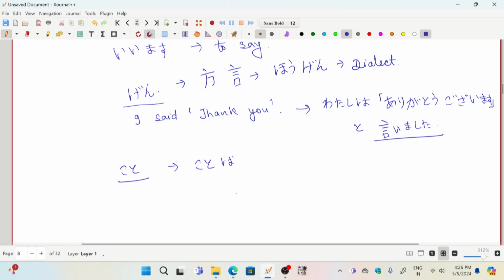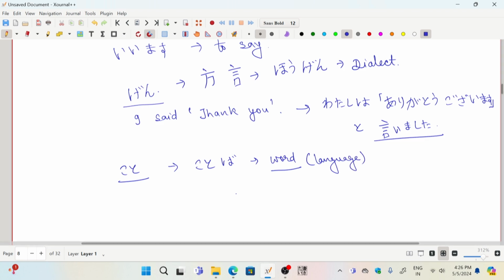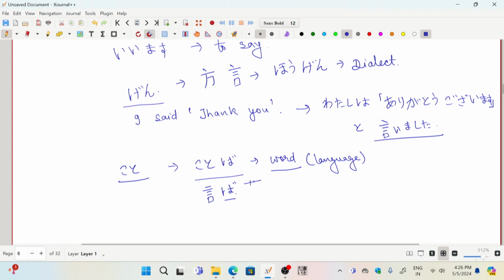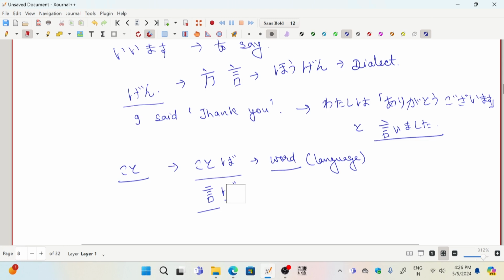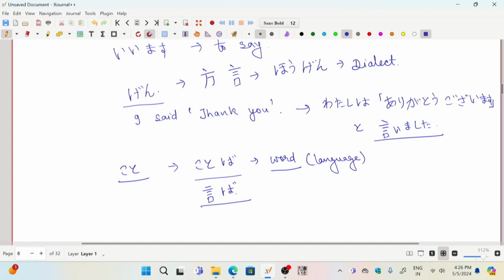Kotoba means word, or sometimes kotoba is also used as language. So kotoba, this ba is here. So koto and ba. Kotoba.